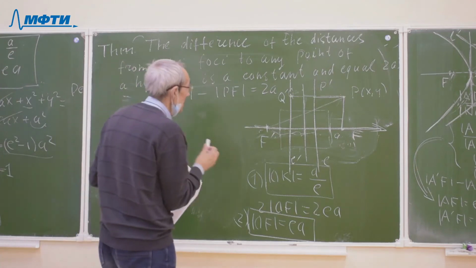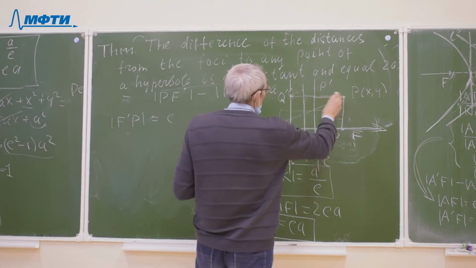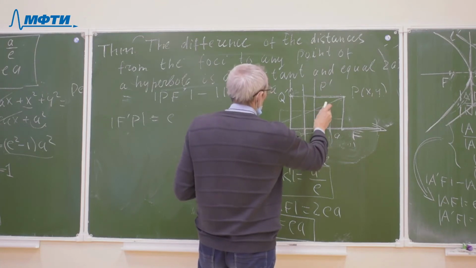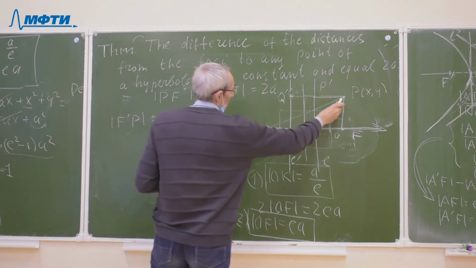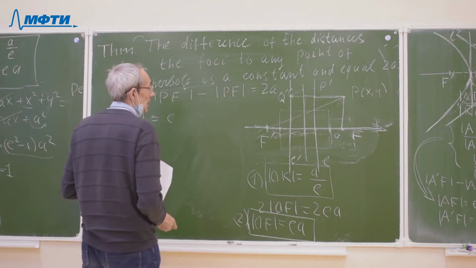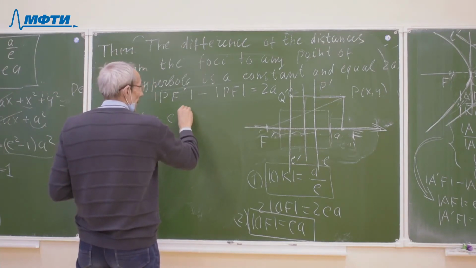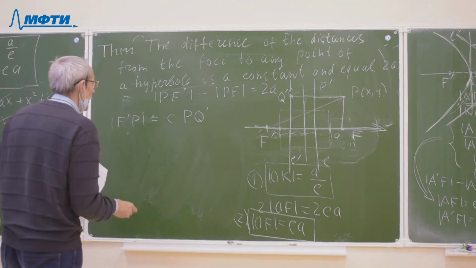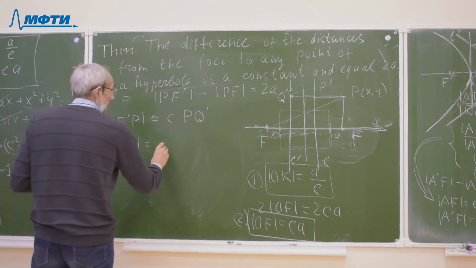F prime P is equal to PQ prime, the distance between P and the directrix, the symmetric directrix. PQ prime and PF is equal.